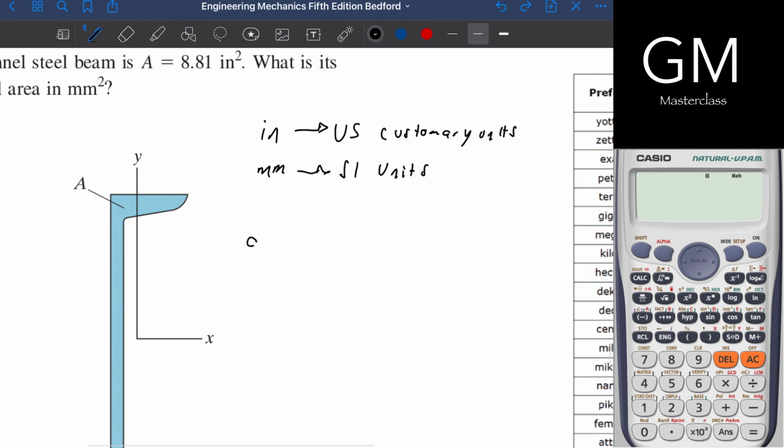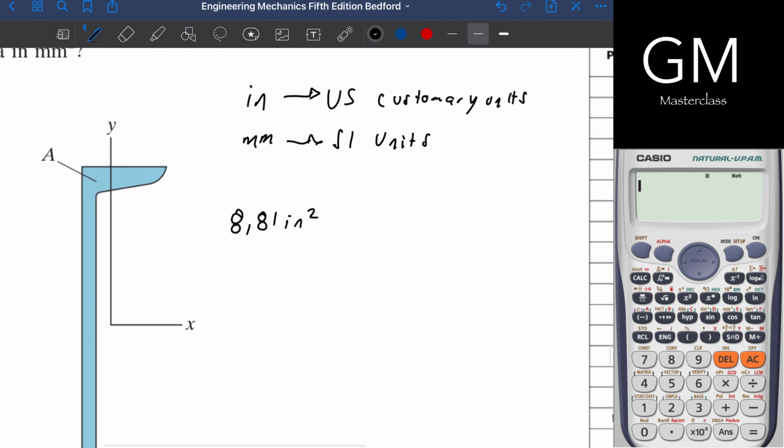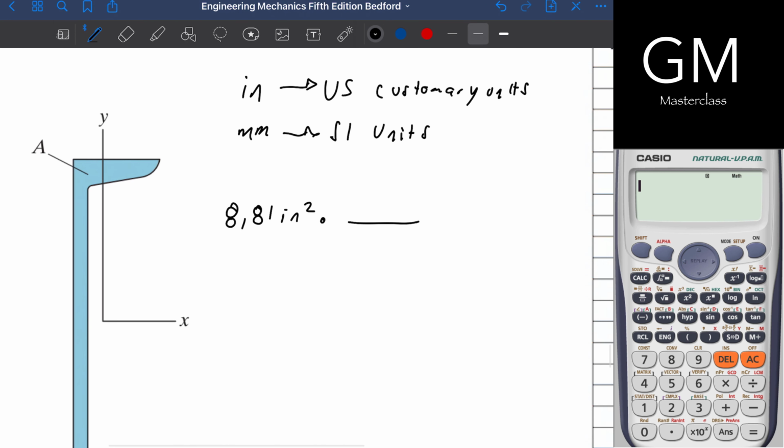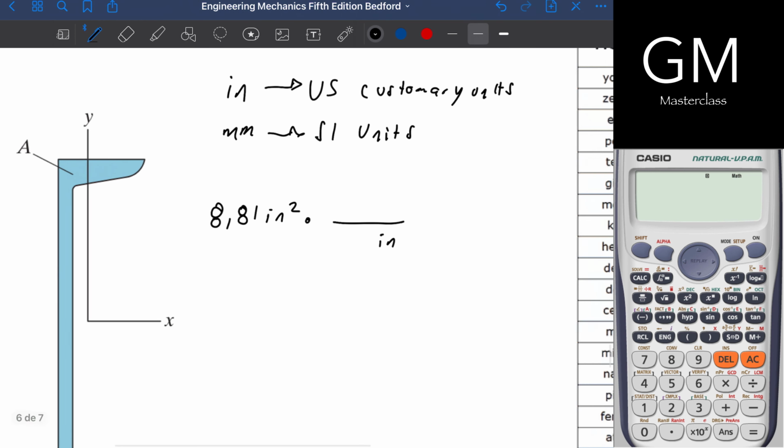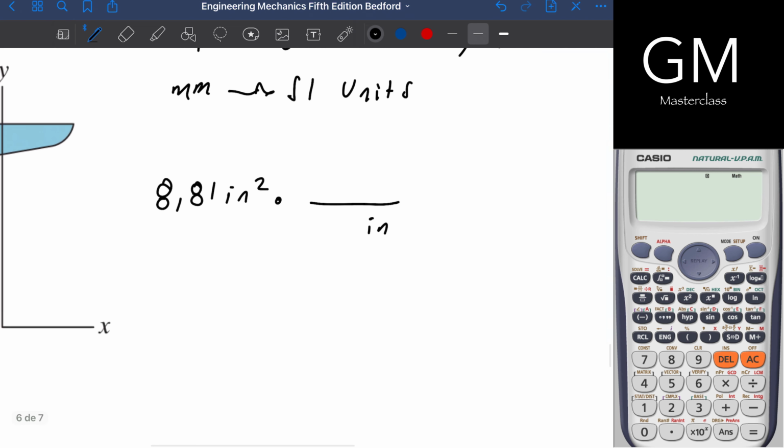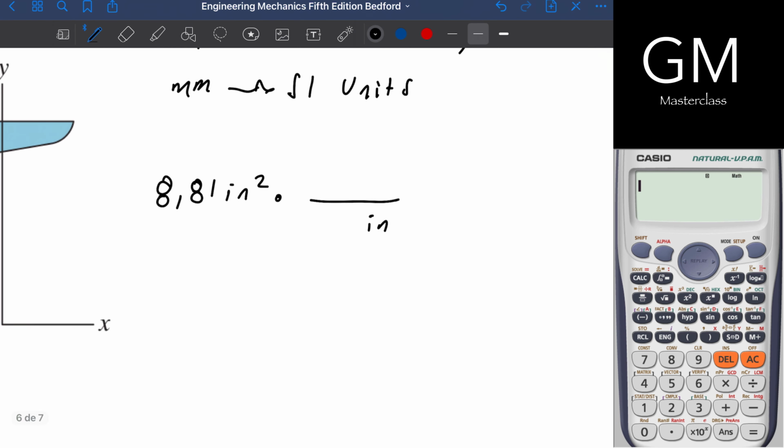Then we'll start with our unit conversion, 8.81 square inches. This is very important information. I'm going to multiply that by inches, and I actually don't know the equivalence between inches into meters.